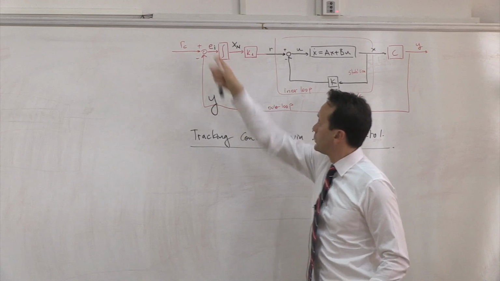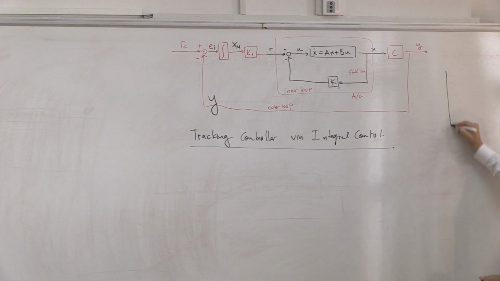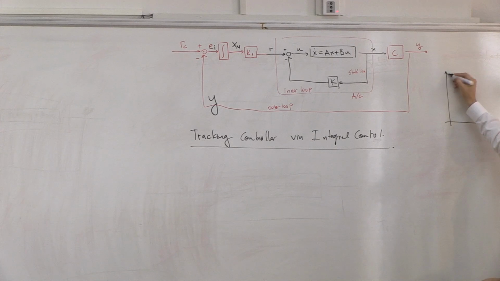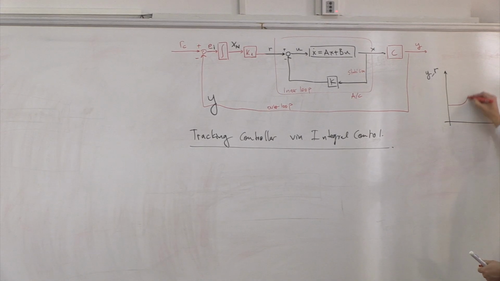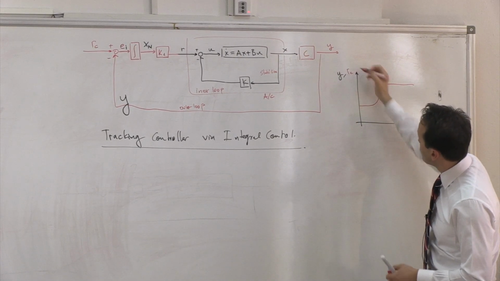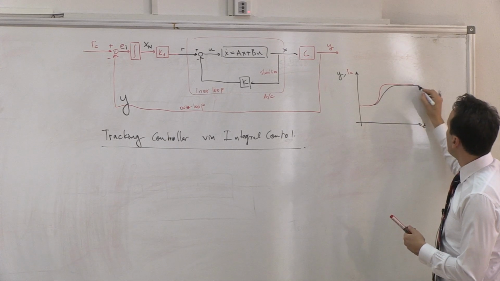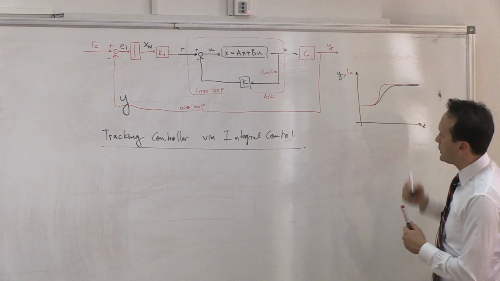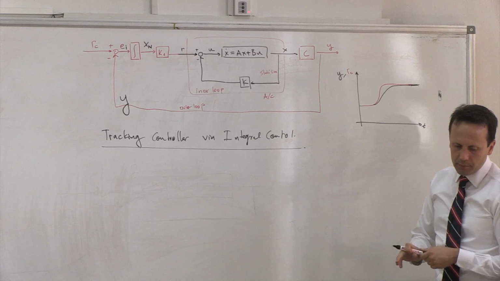We're going to write this time R versus Y, right? And then if you have an input of RC, we want this Y to follow that with 0 steady state error, right? This is the goal.